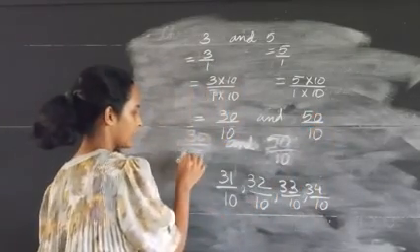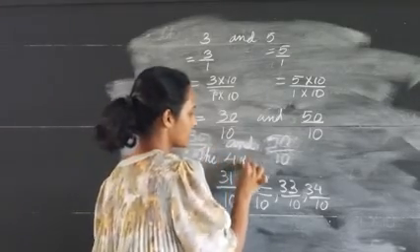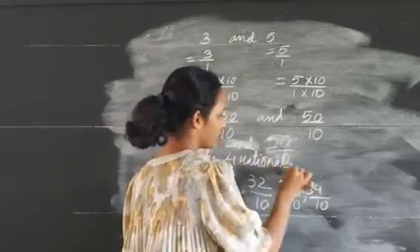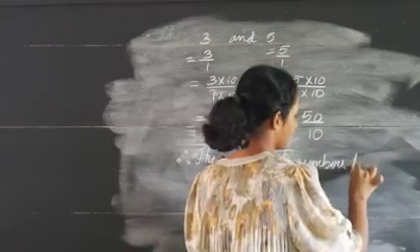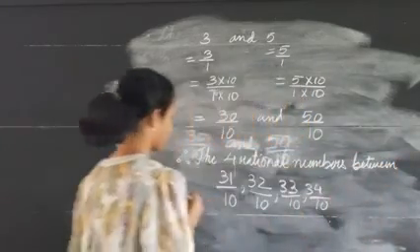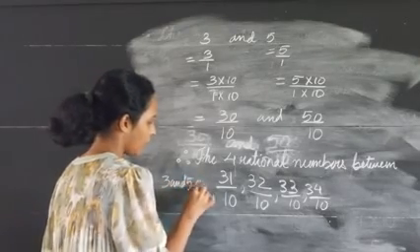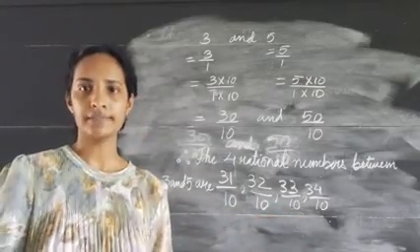So we can write, therefore, the 4 rational numbers between 3 and 5 are these 4 rational numbers.